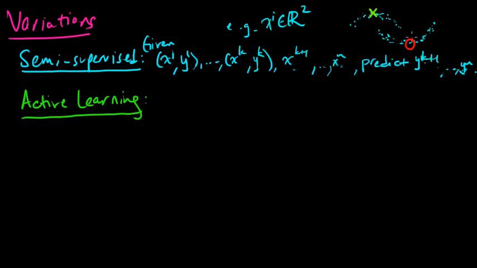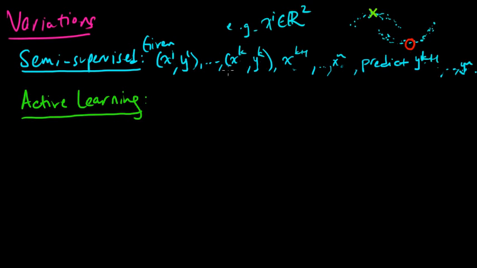So in this case, k would be 2. And typically you would say, well, this looks like it's from this red circle class, and these all should be from the green X class. So that's semi-supervised.